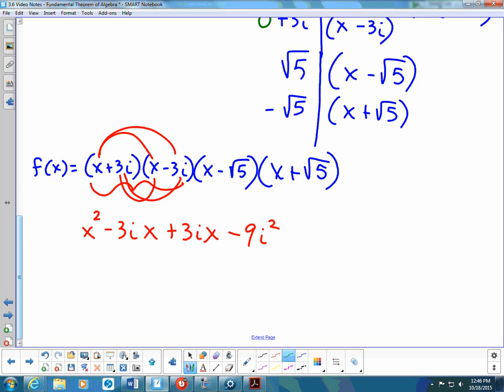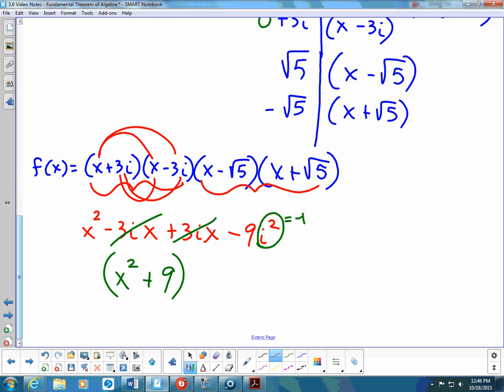I do like that these are going to subtract off, so I'm just going to have x squared minus 9 times i squared. But remember, i squared is really equal to negative 1. So I really have minus 9 times negative 1. That means I really have x squared plus 9. Well, that's good so far. But we also have to multiply these two together.